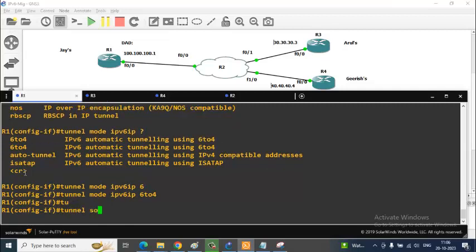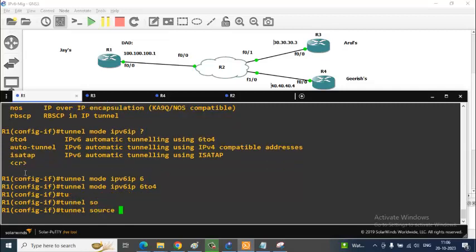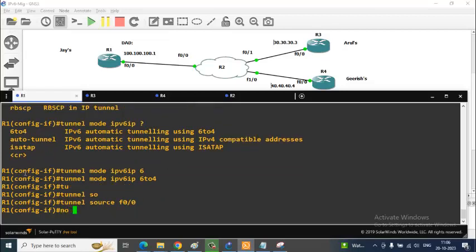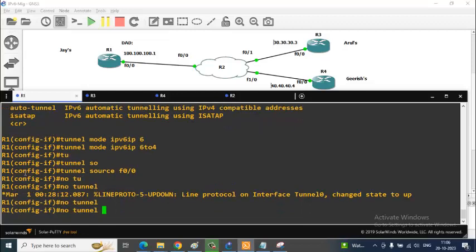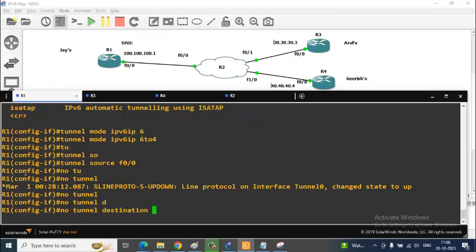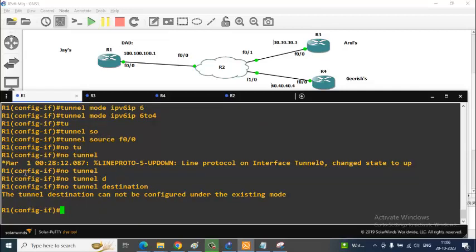Tunnel source will be our F0/0 interface. No tunnel destination, because you may be forming a tunnel with Arul if you're pinging Arul, or with Girish if you're pinging Girish. So the tunnel is dynamic and we don't know the destination. Tunnel destination cannot be configured under this mode.